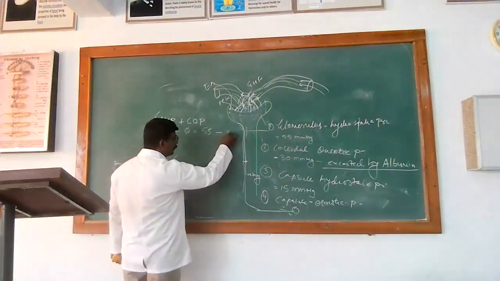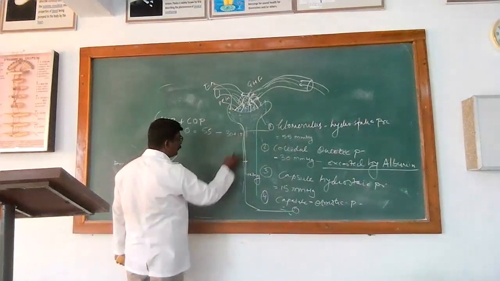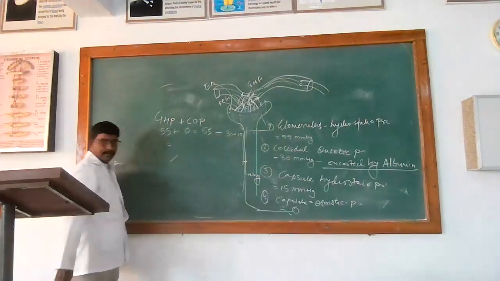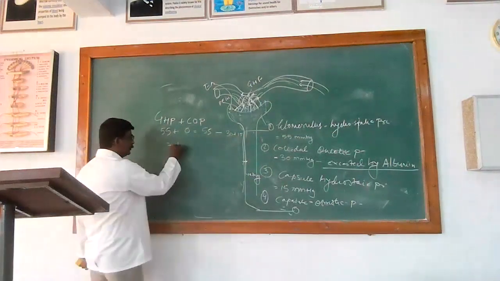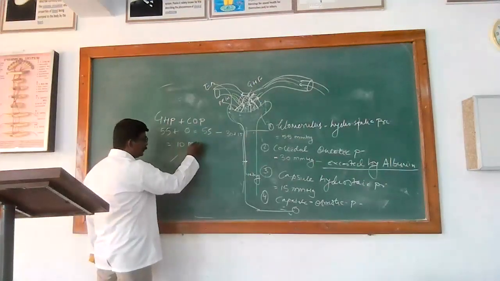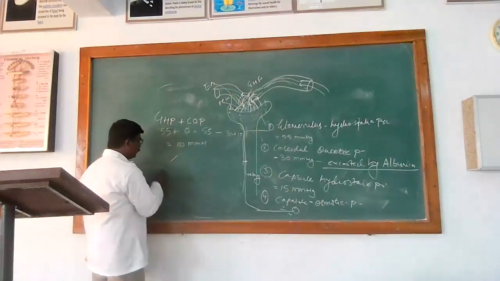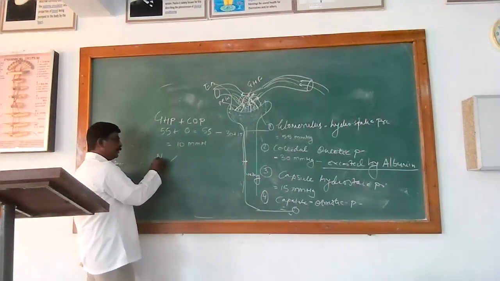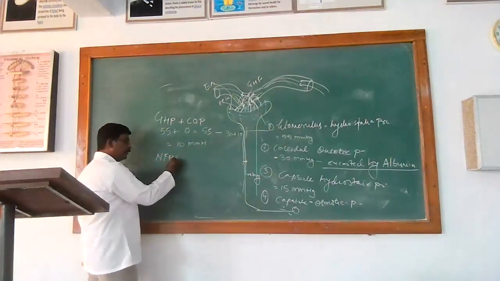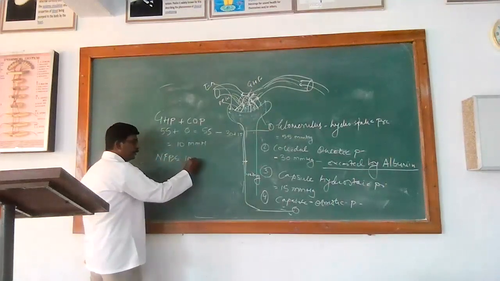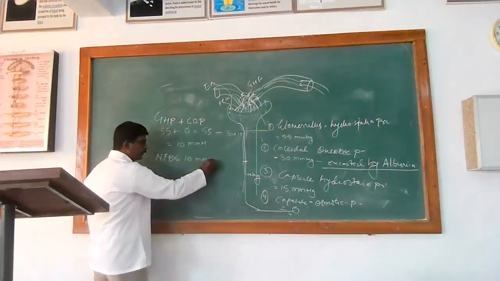So 55 minus 30 plus 50 is equal to 10 millimeters of Hg. So net filtration pressure is equal to 10 millimeters of Hg.